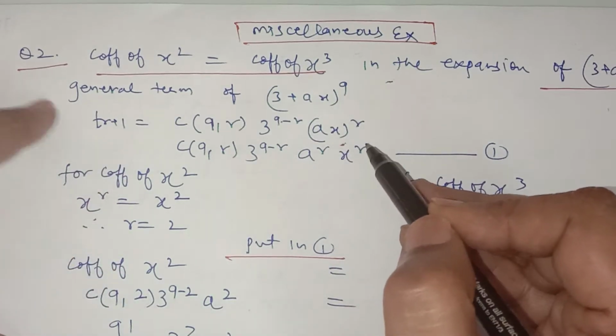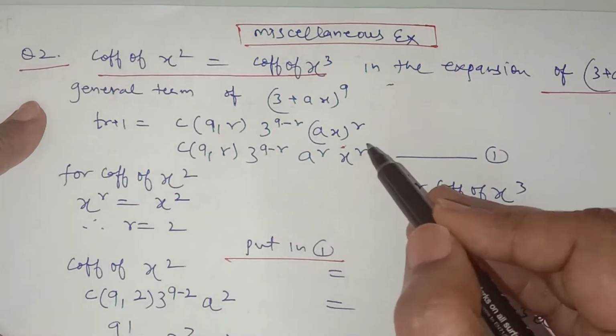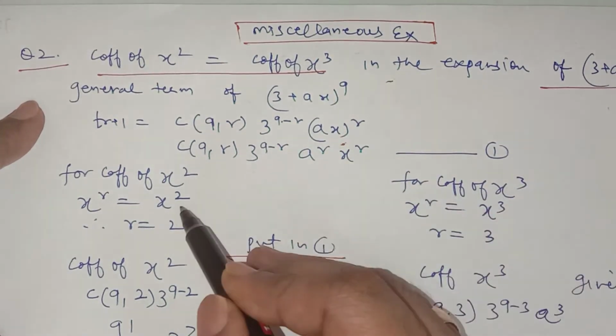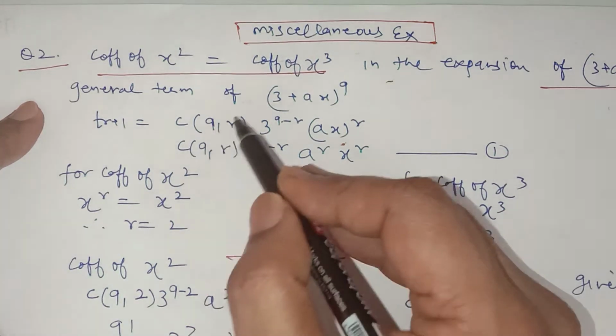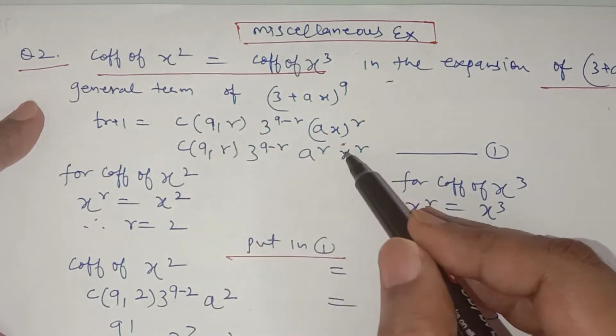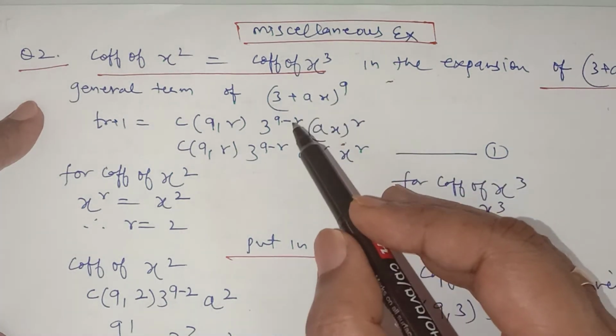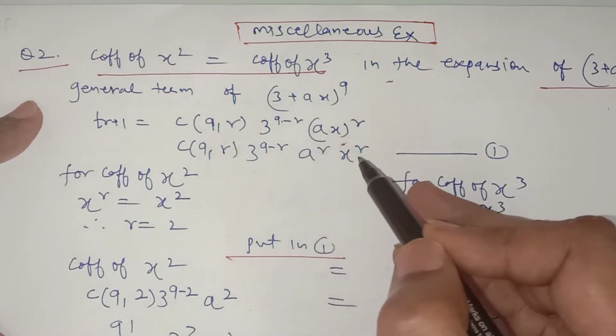Now we need x to the power 2 in the first case and x to the power 3 in the second case. So first of all, put x to the power r equal to 2 to get the value of r, to find the coefficient of x squared, and put x raised to power r equal to x to the power 3 to find the coefficient of x cubed.